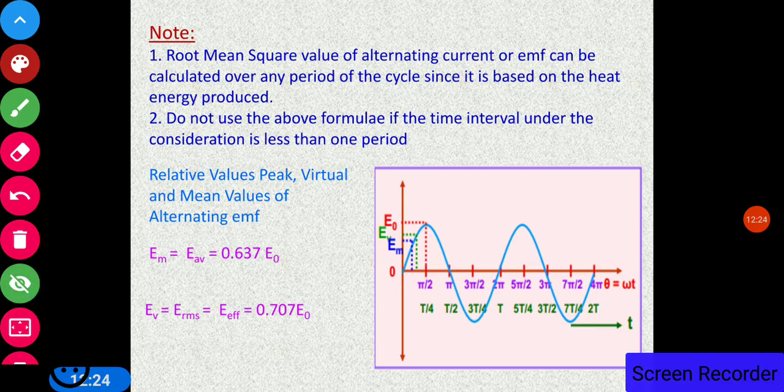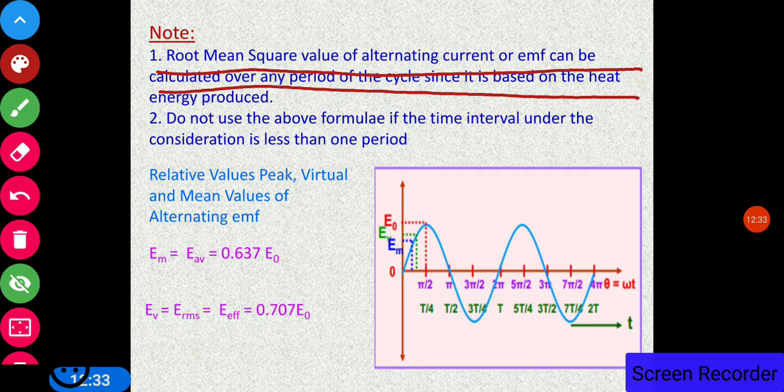Now note 2-3 points into this. Root mean square value of the alternating current or the EMF can be calculated over any period of the cycle, since it is based on the heat energy produced. Here we have calculated it for the complete cycle, but we can calculate it for any time period, whether it is half time period or the full time period or 1/4 cycle.